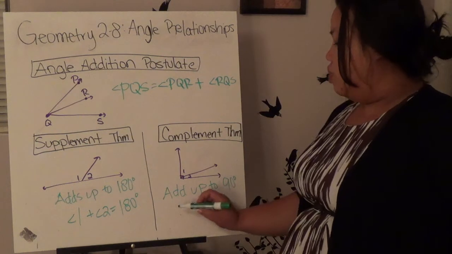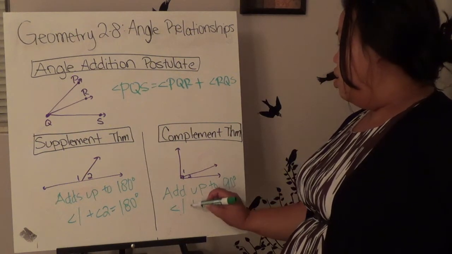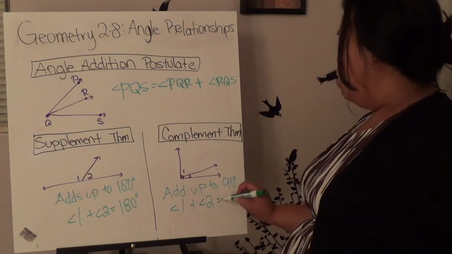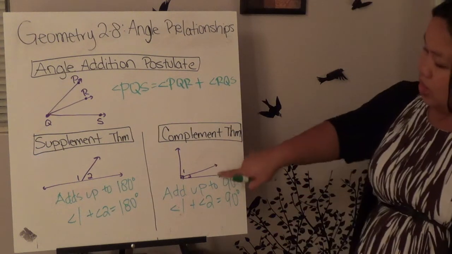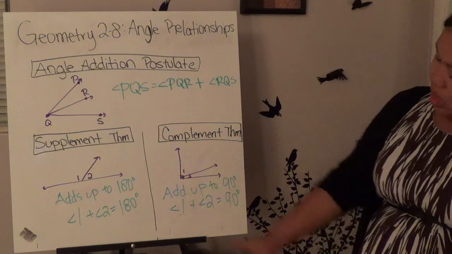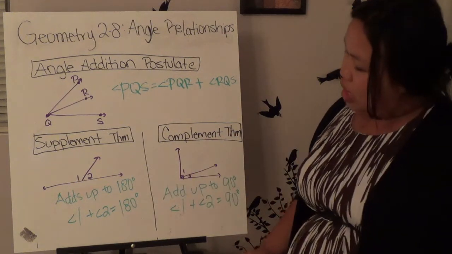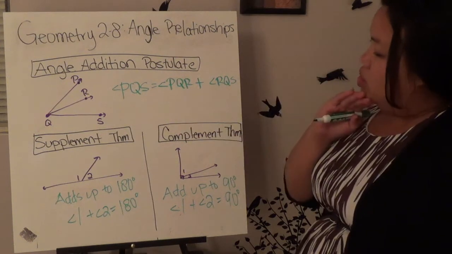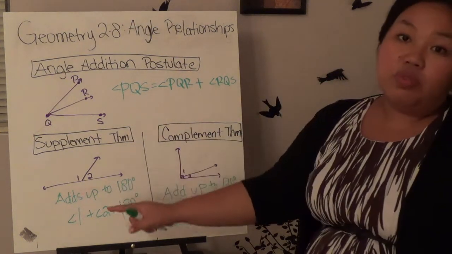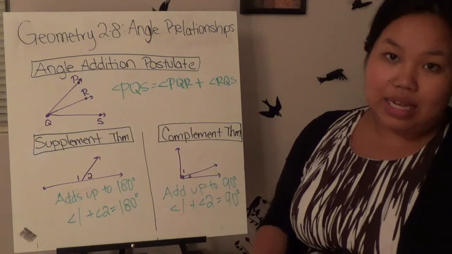So angle 1 plus angle 2 equals 90 degrees. This angle plus this angle equal 90 degrees. And this one adds up to 180 degrees, so complement and supplement. Those are two vocabulary words that you've seen before, but now they have a theorem that's stated.